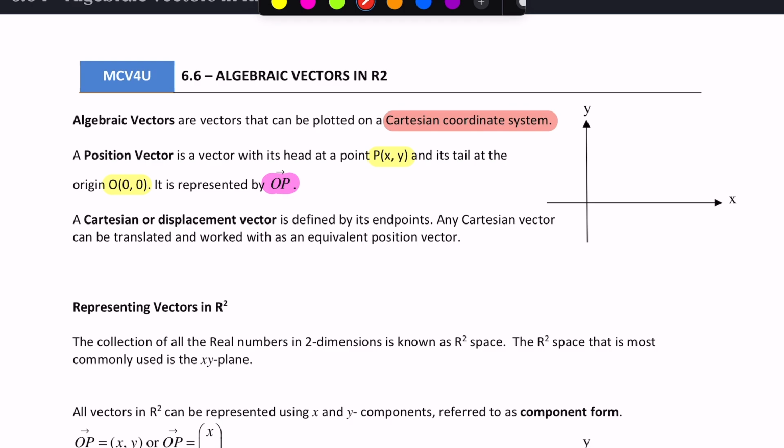On the right, we're going to display the position vector. The origin is at (0, 0), so that would be our origin, O. That is its tail.